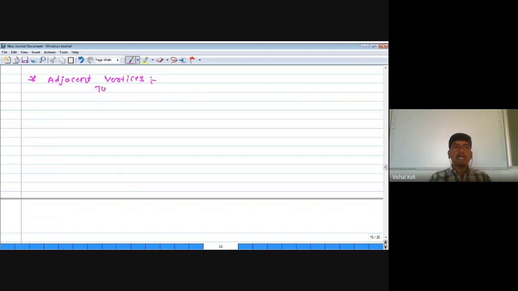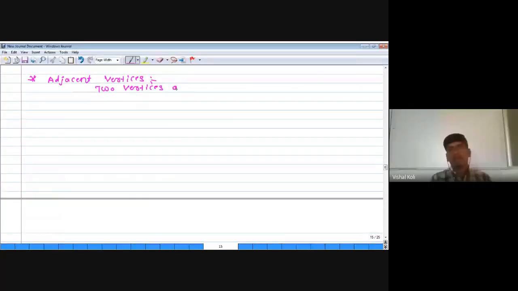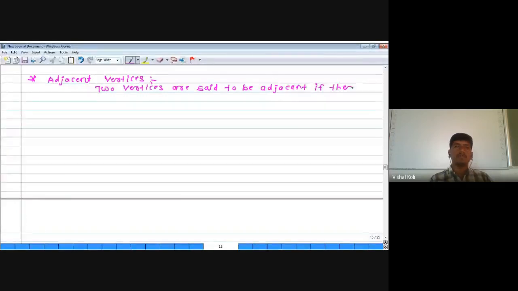Two vertices are said to be adjacent if there is a line joining between these two vertices.